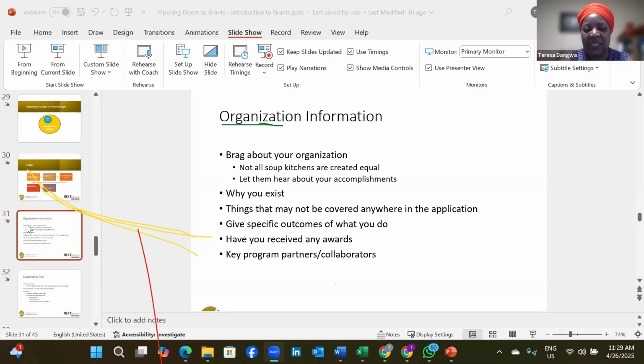Give specific outcomes of what you do. Have you received any awards for this particular project or for your organization in general? What are those awards? Without necessarily giving a whole explanation, just say annually we received $10,000 from ABC organization for this, and we received $10,000 from this organization for this. And then what are some of your key program partners? Who are your collaborators?